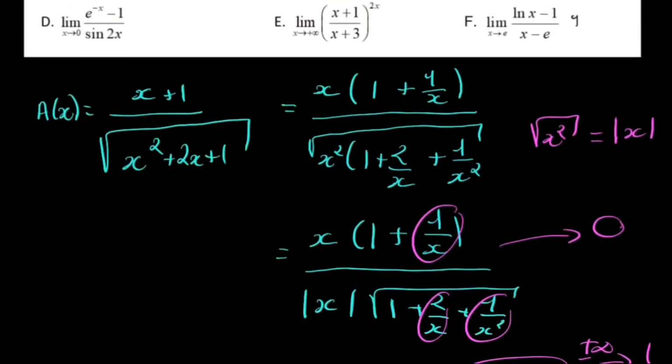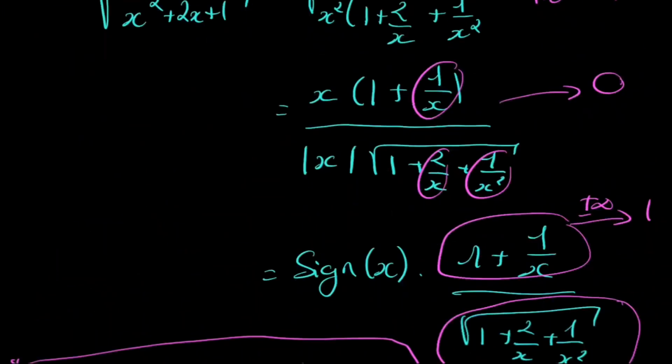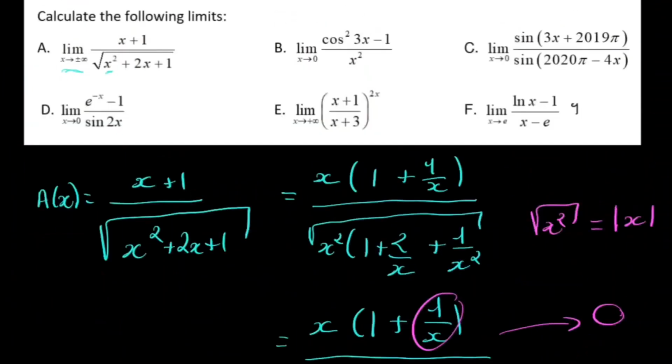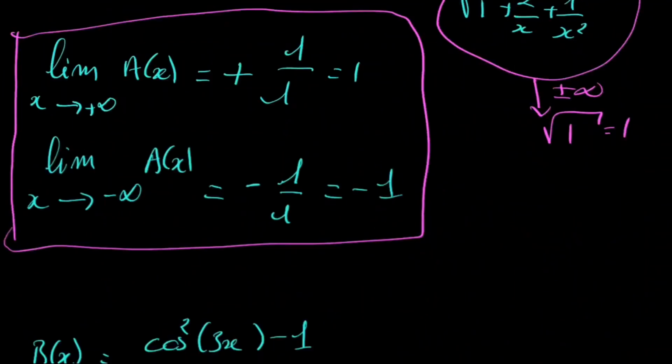Now what about the second limit? We've got B of x is equal to cosinus squared of 3x minus 1 over x squared.